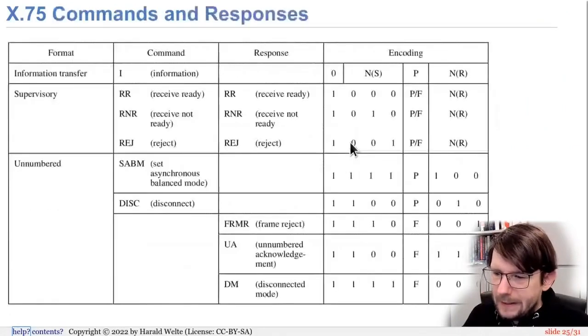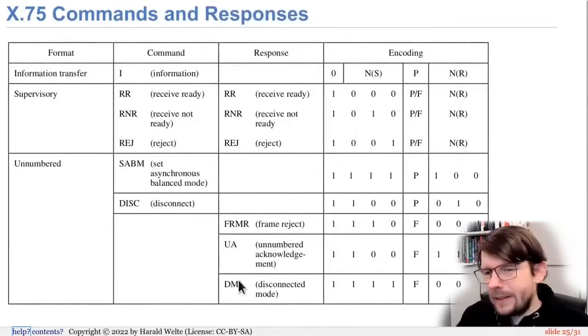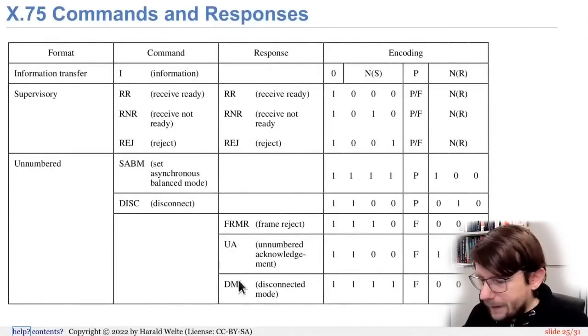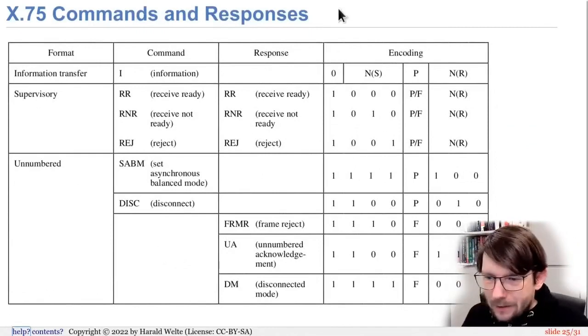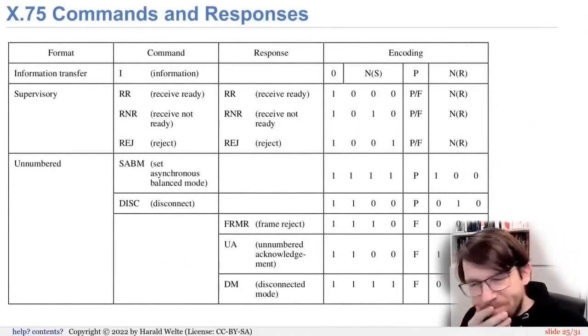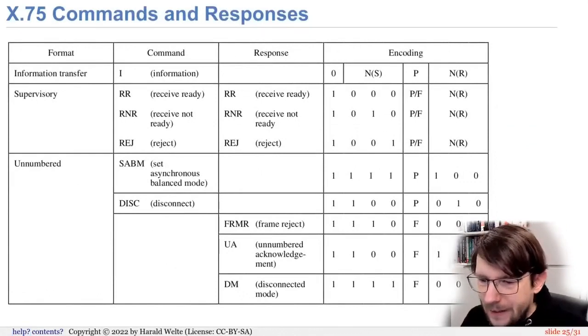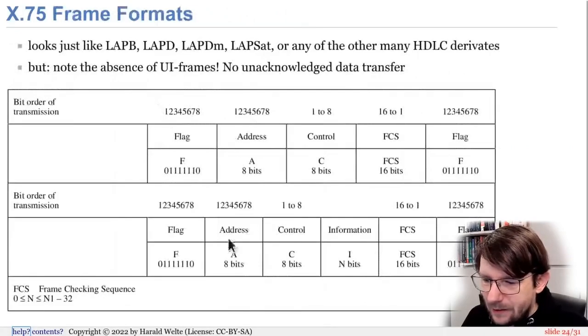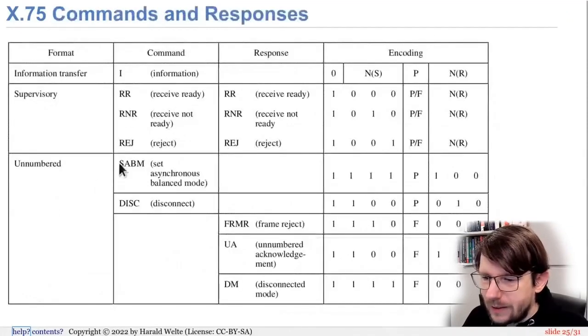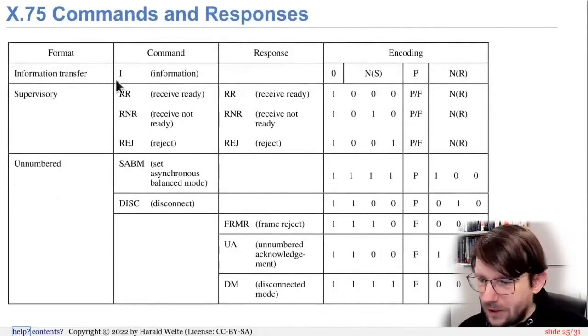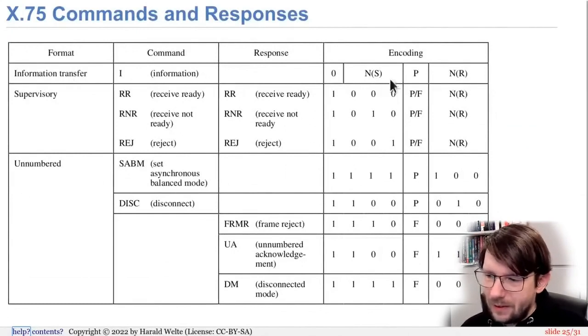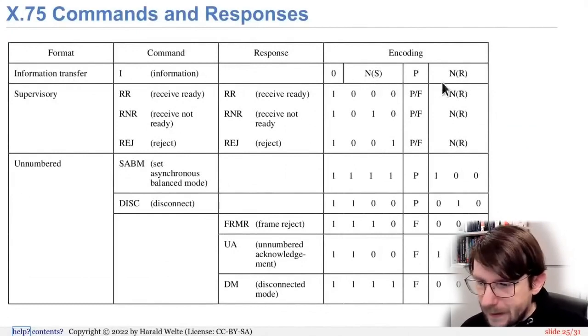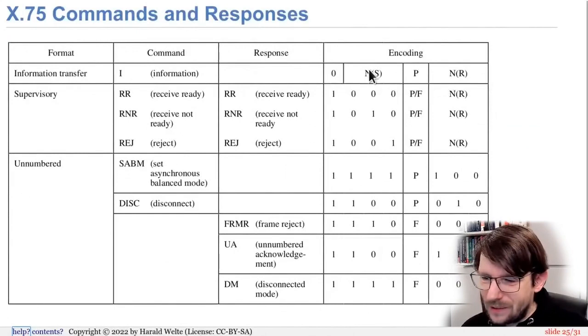And if we look at the kind of commands that exist, we have the address field. We will get to what kind of address fields are used in this context. And we have the control field, and the control field can look like this. So we either have an information transfer frame with a send and receive sequence number of 3 bits each included.